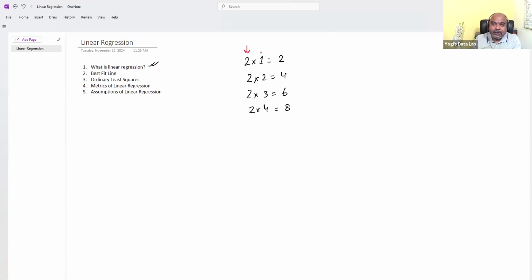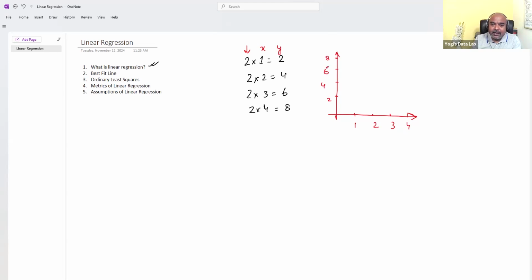This 2 is constant. This value keeps on changing. So let us say this is x and this is my output, which is y. If I have to plot this, so this is 1, this is 2, this is 3, and this is 4. I'll have 2, 4, 6, and I'll have 8.